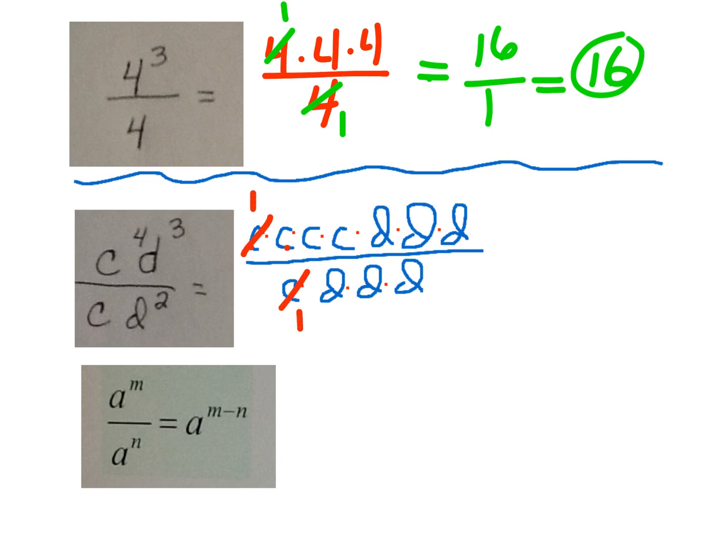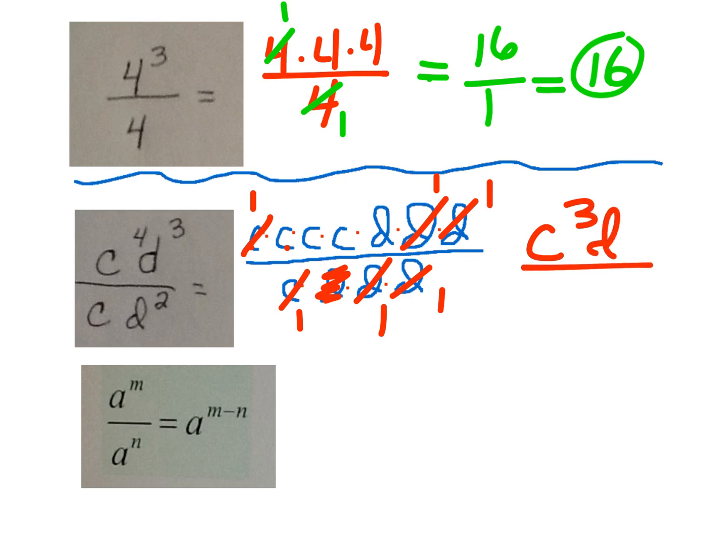C goes in here once, C goes in here once. D goes in here once, D goes in here once. Whoops, I wrote too many D's, didn't I? Sorry, that's 2 D's. So let's get rid of this D and get rid of this D. And so therefore, we have C to the 3rd D all over 1 times 1 times 1, which means I just have 1. So my answer is C cubed D.